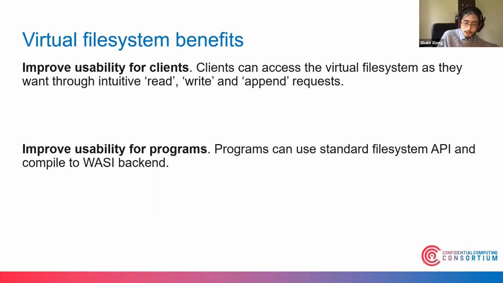At least in Rust, there is good WASI support. You just need to compile with the WebAssembly 32 and WASI backend. In C, there is also support for compiling to WASI backend. We expect there will be more languages supporting compiling to WASI backend. So this is good for FaaS.